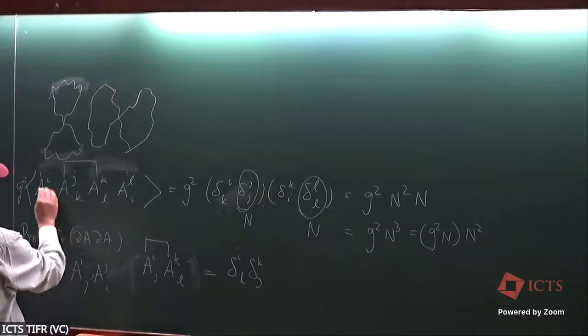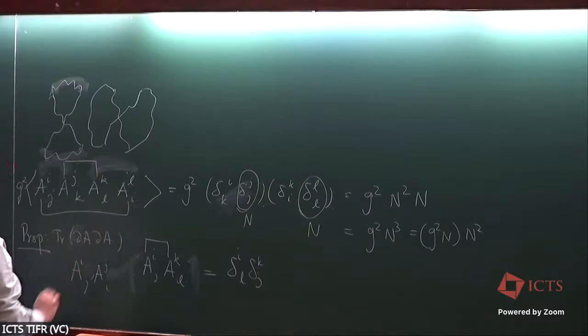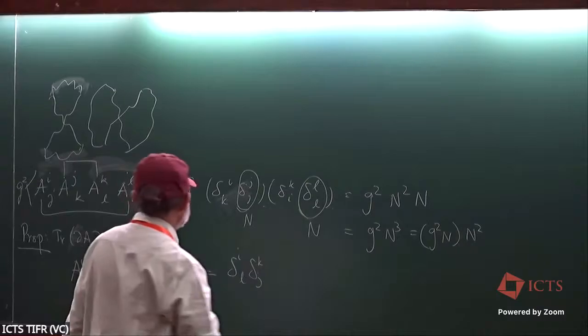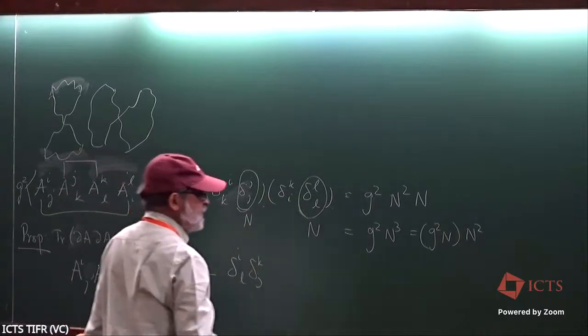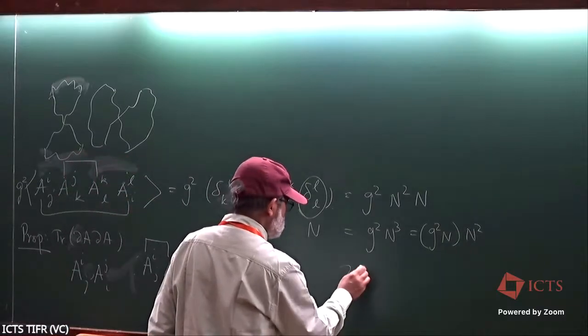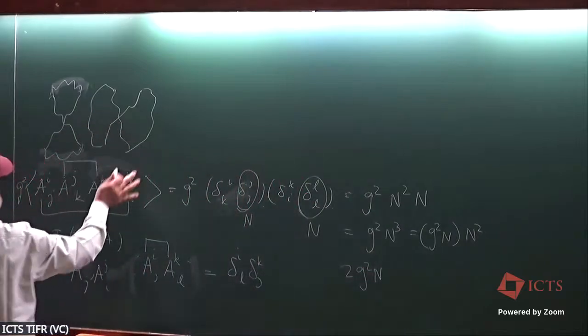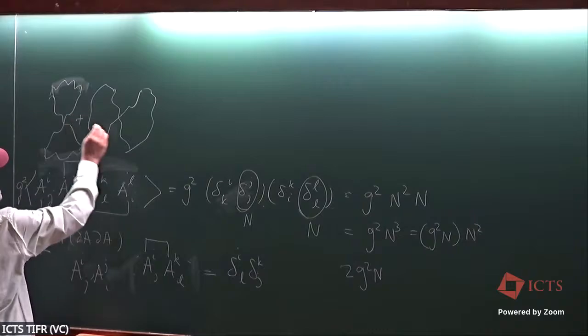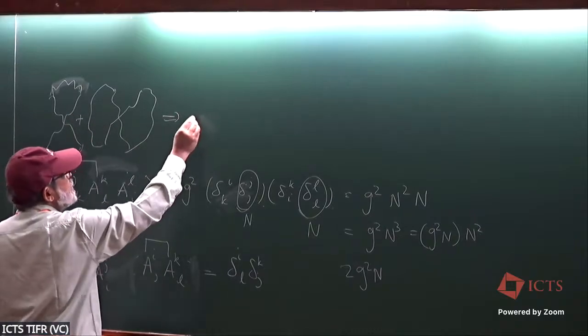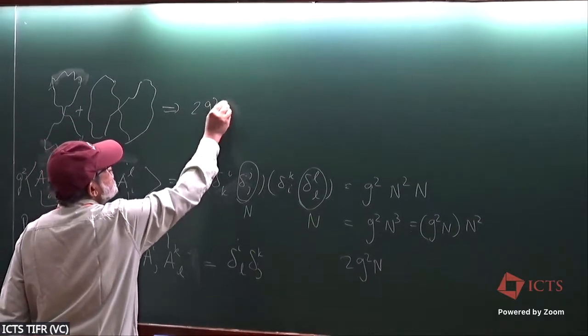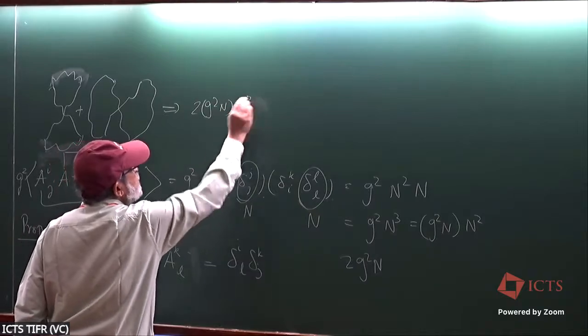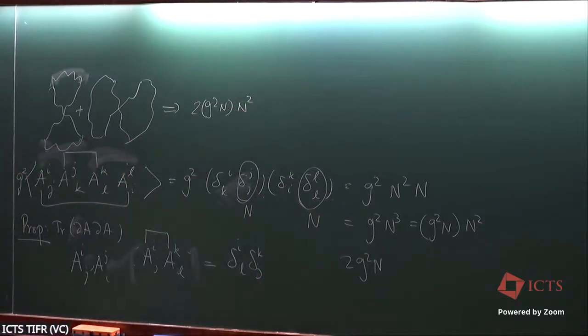So that would correspond to this and this one. And that will give rise to exactly the same kind of stuff, and you will get a factor of 2. So from these two contractions, which I have already shown, this plus this gives rise to 2 G square N square. Okay? G square N cube, which I'm writing this way.